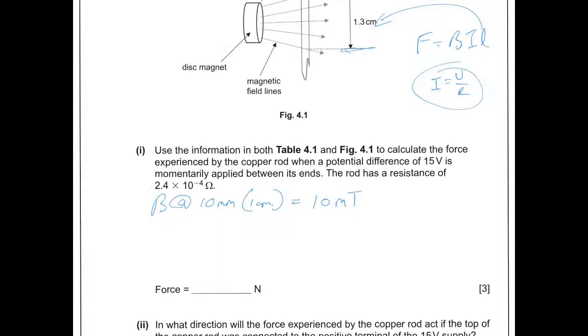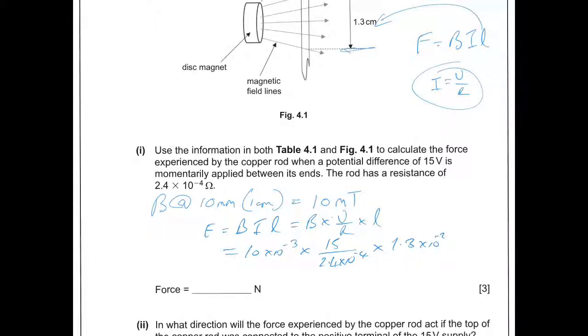Okay, so F is going to be BIL, which is the same as B times V over R times L. And for us, that's going to be the 10 millitesla times the 15 over 2.4 times 10 to the minus 4 times the L, which is 1.3 times 10 to the minus 2 for centimeters.